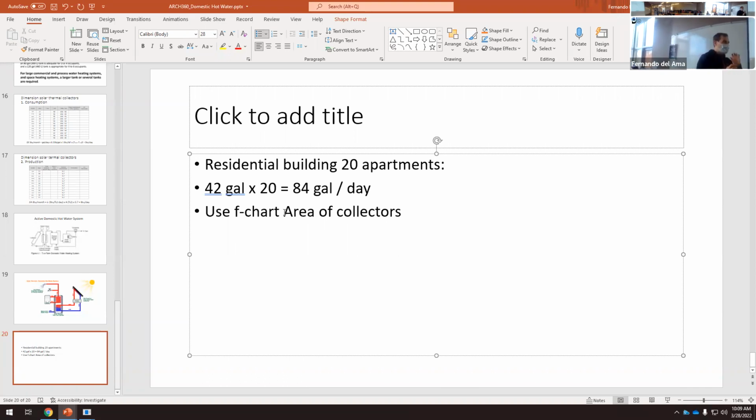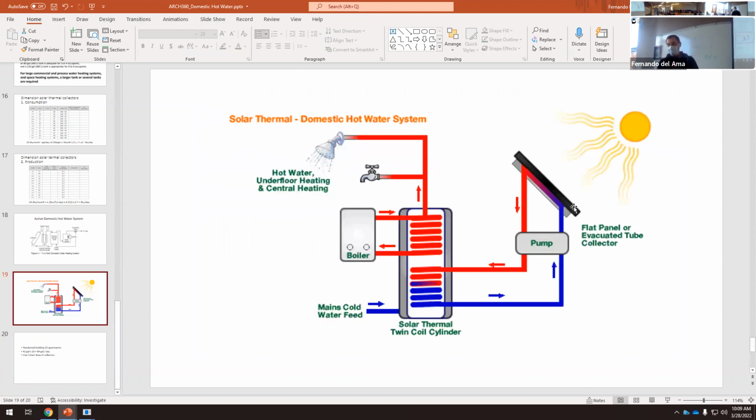No, because it can generate a lot of issues. Okay, if we have collectors and we have a tank here, in summer the problem is that we can't do anything to help that. Probably in summer, we're going to generate more energy than we need.